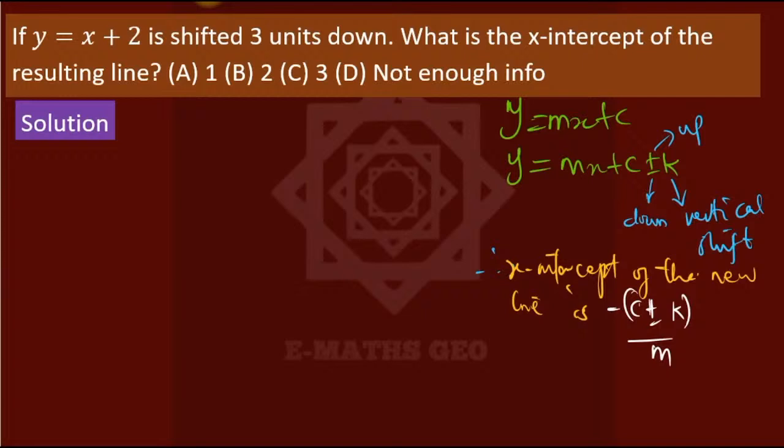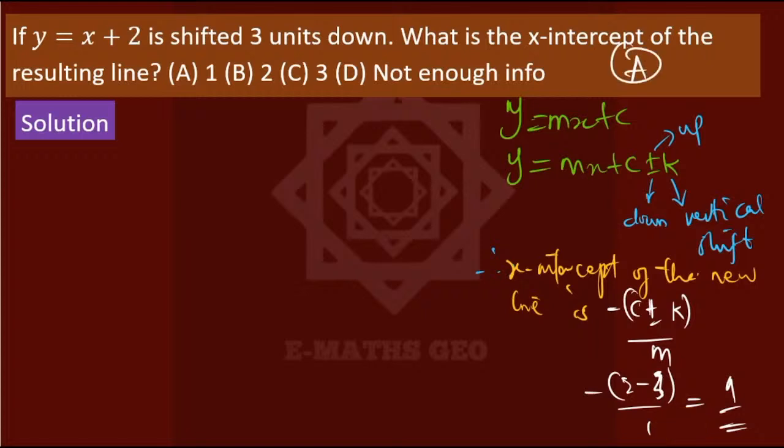So from this equation, c is 2, so I'll have bracket 2. Since we are shifting down, it's minus, and it's 3 units, so k is 3. And the slope from the line, m, is 1. So the answer will be 2 minus 3, that's minus 1, so the x-intercept should be 1. So the new x-intercept is 1.